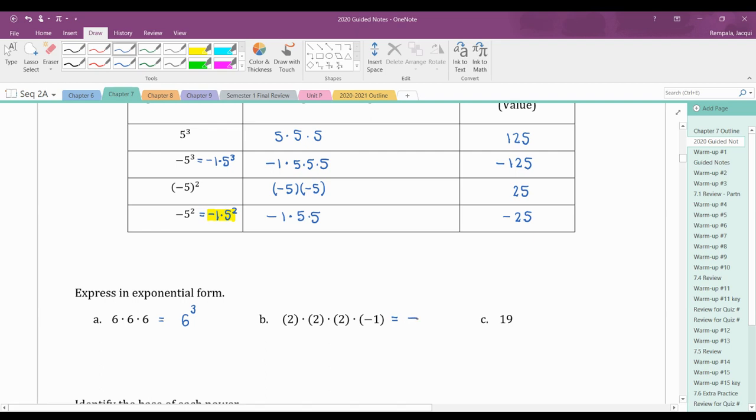So I want the negative, and then I'll want 2 to be raised to the third power because there's 3 of them. Notice that there are no parentheses because that negative is not repeated each time with the 2. In this last one here, I just see a number 1 time. That means that 19 is the base and your exponent is just a 1.